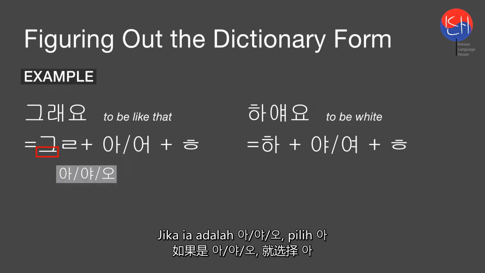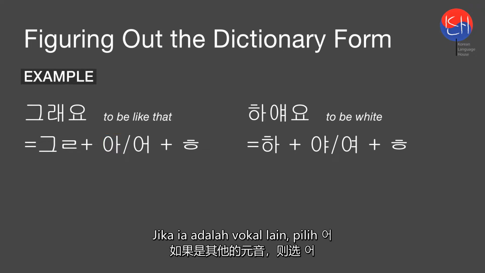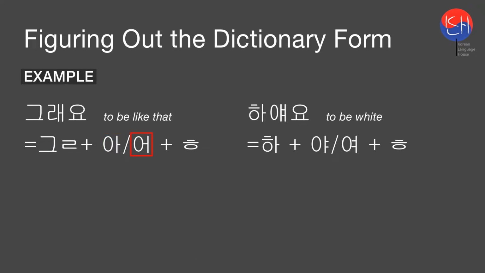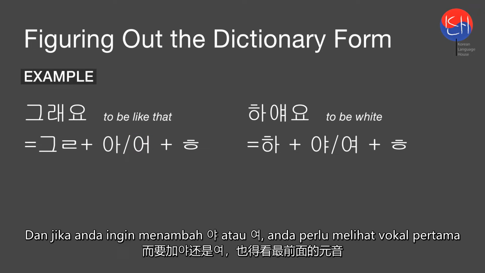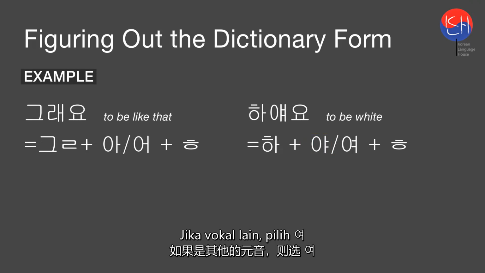If it's ㅏ, ㅑ, or ㅗ, then choose ㅏ. If it's anything else, then choose 어. The same rule applies for deciding whether to add 야 or 여. If the vowel of the first syllable is ㅏ, ㅑ, or ㅗ, then it's 야. If it's anything other than those three, then it's 여.